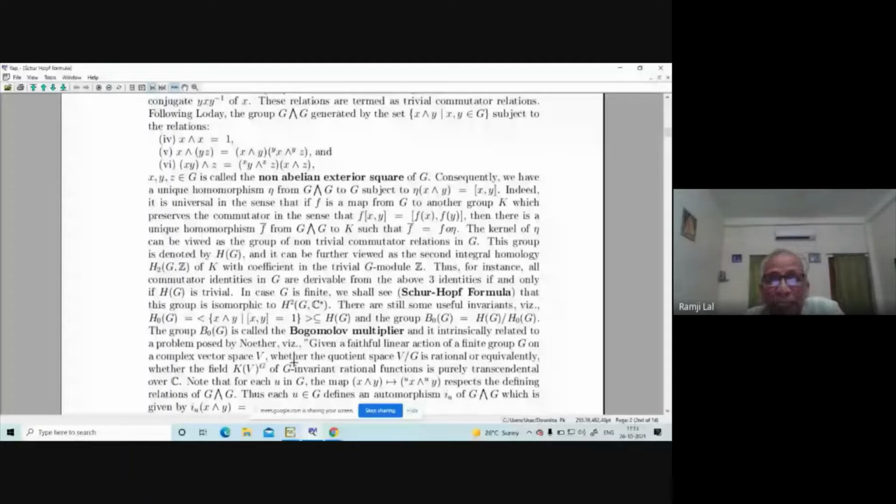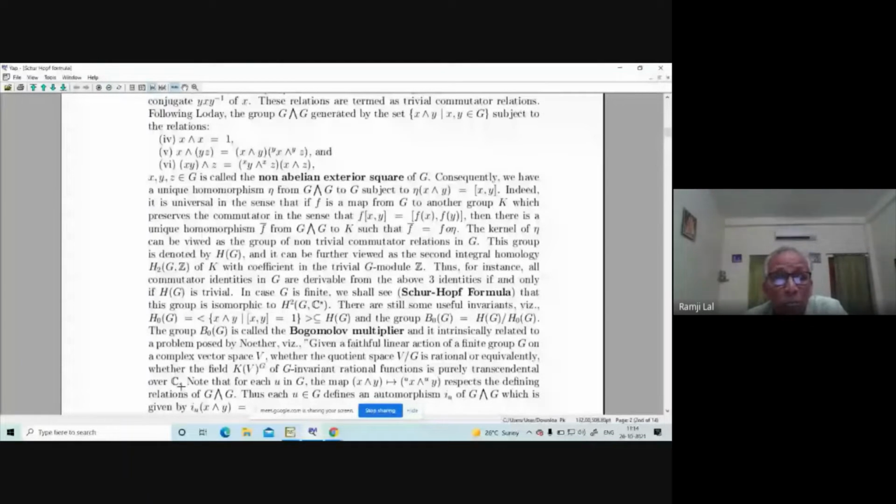Namely, given any faithful linear action, so linear action means a representation of G on V, whether the quotient V by G is a rational variety, or equivalently, if you look into the function field of V and look at the field of G invariants, this is an extension of C, obviously, but whether it is a purely transcendental extension over C or not.